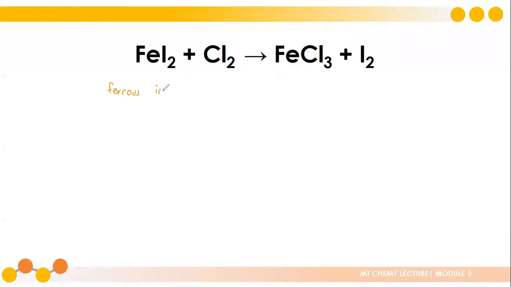We have ferrous iodide and chlorine, which is again a diatomic molecule, to produce FeCl3, that's ferric chloride, and iodine.